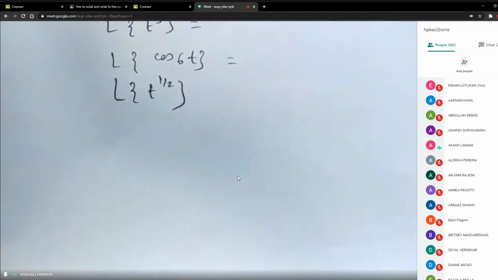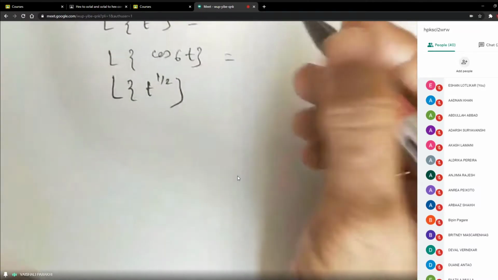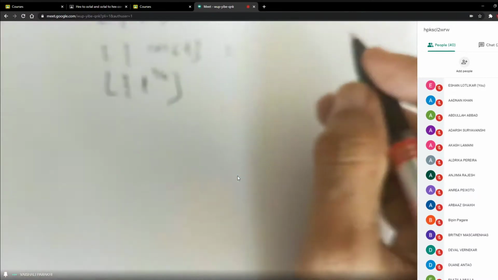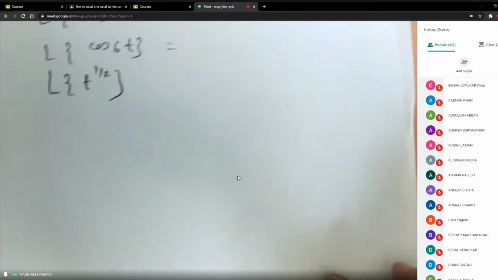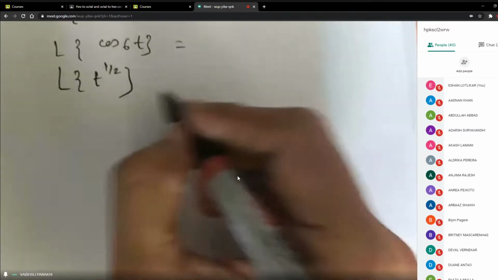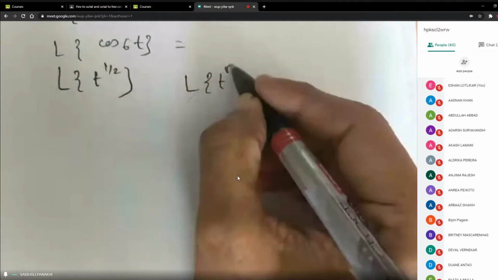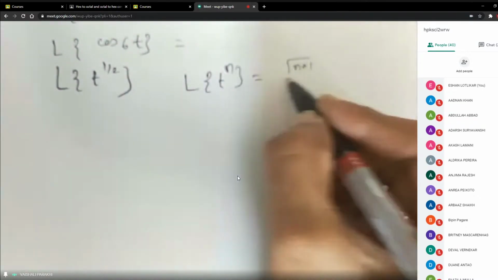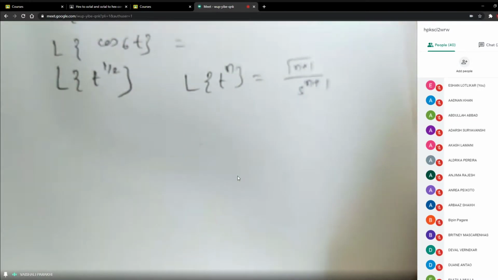Root of 3 by 2 upon 5 raised to s raised to n plus 1. Basically, what is the formula for Laplace of t raised to n, students? It is gamma of n plus 1 upon s raised to n plus 1, right?